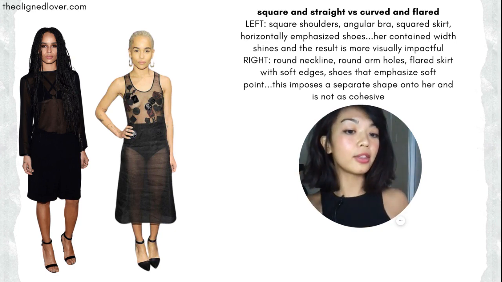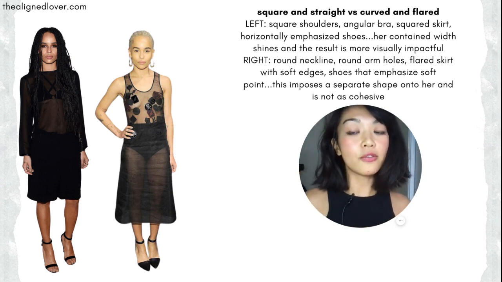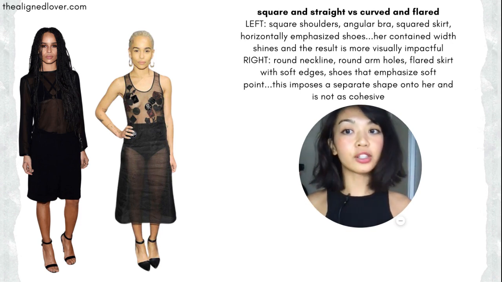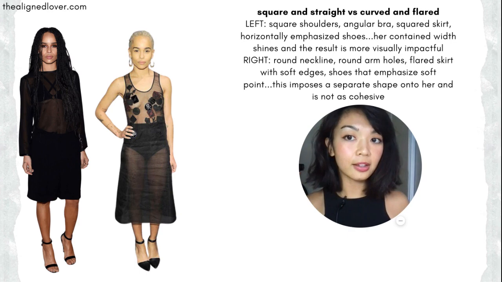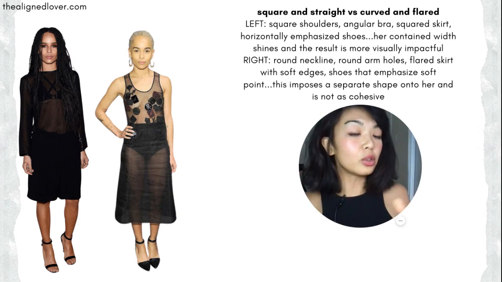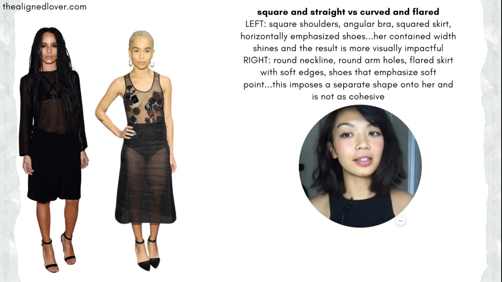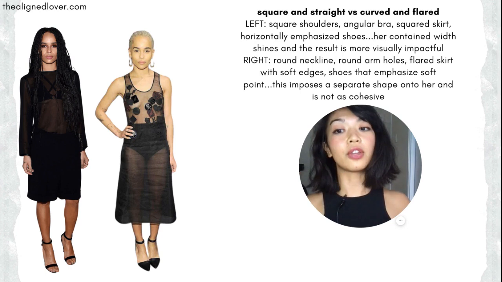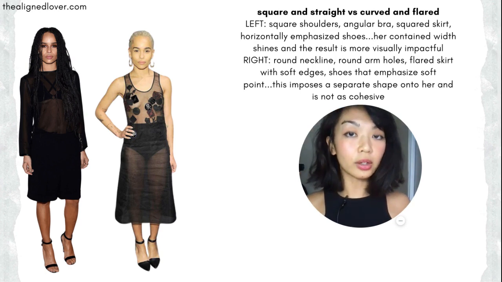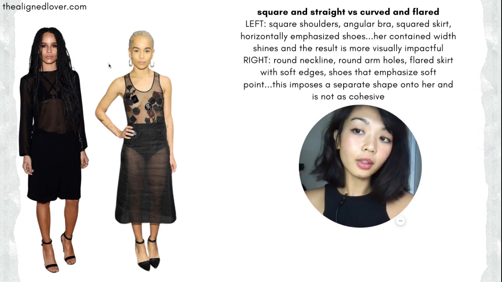When people wear things that are extremely different from their own frame, their own flesh, that's when images start to look less cohesive, and you need to put in more intention and thoughtfulness into balancing the overall outfit so that it will still reflect you and enhance your dominant traits.